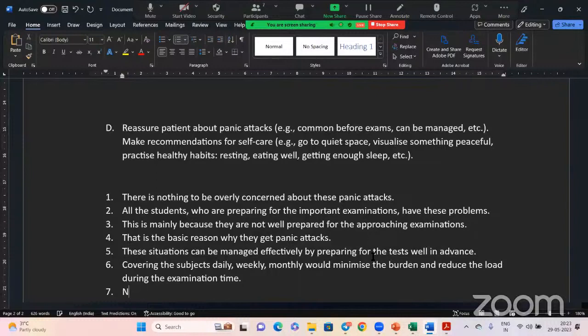Now, currently, instead of worrying, you can implement some alternative measures.